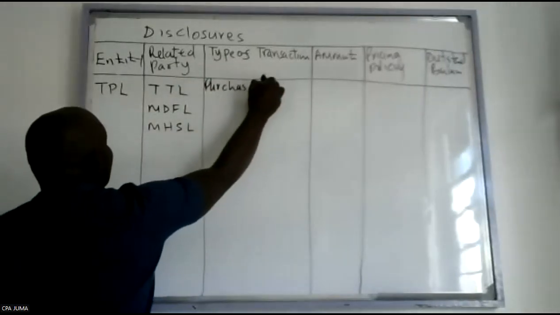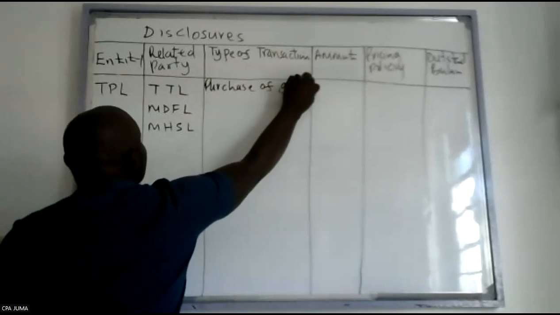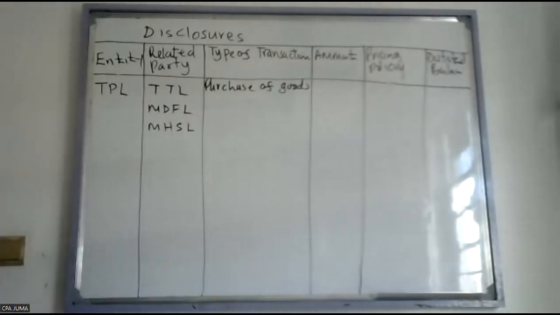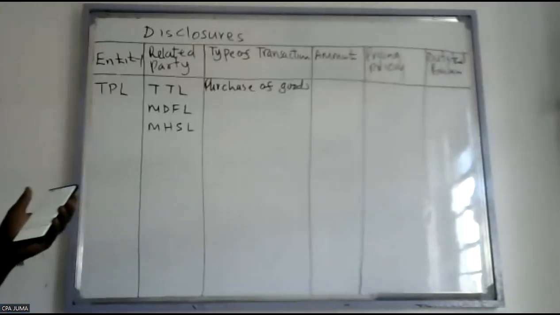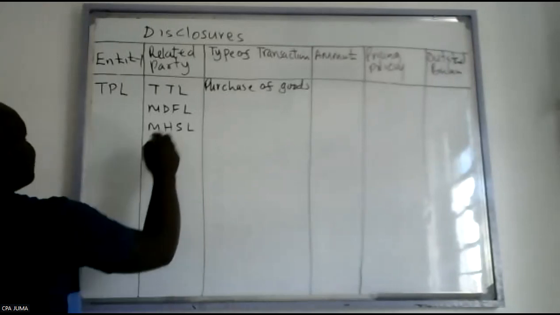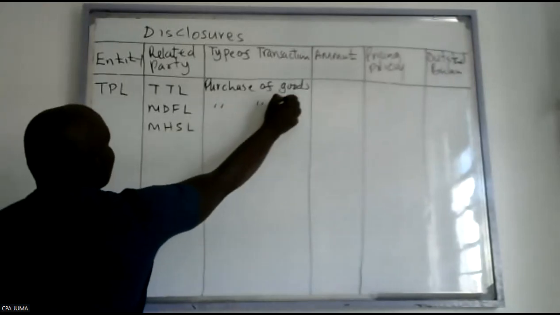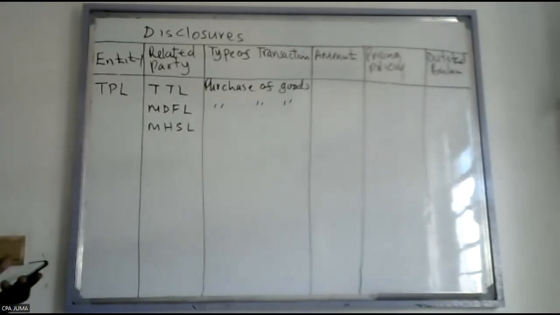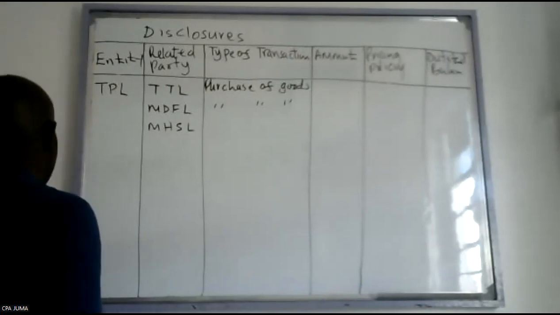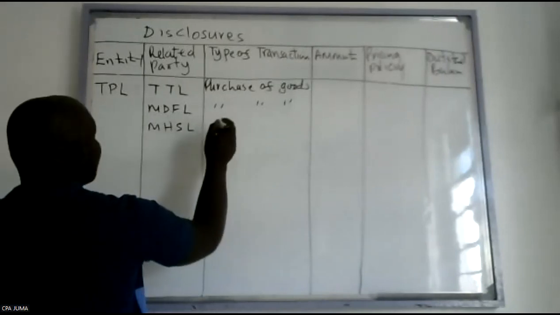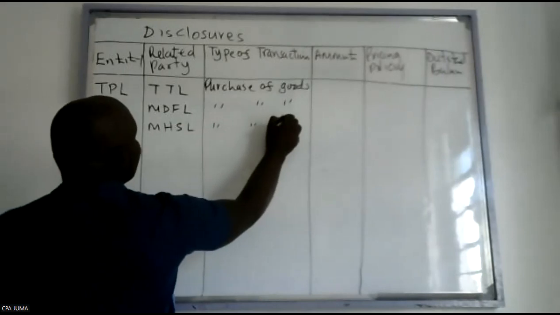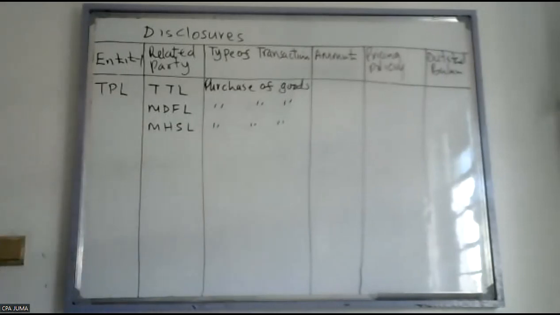Purchase of goods. So there, TPL is the one purchasing. They purchased goods from that company. With MDFL, the same: purchase of goods. With MHSL, the same: purchase of goods.